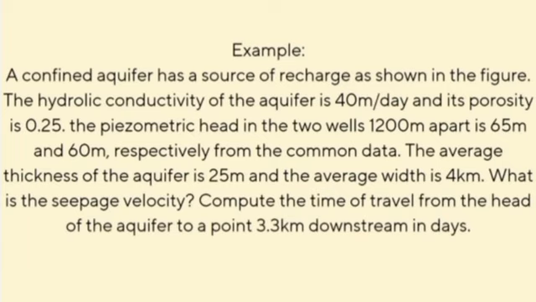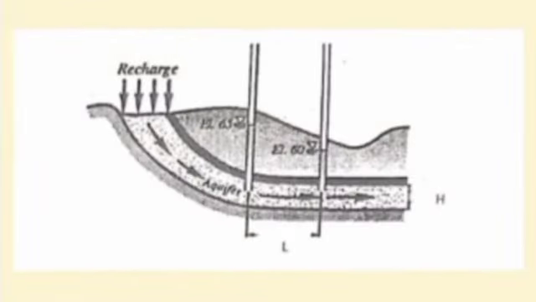The average thickness of the aquifer is 25 meters and the average width is 4 kilometers. What is the seepage velocity? Compute the time of travel from the head of the aquifer to a point 3.3 kilometers downstream in days. This is the figure for that problem.